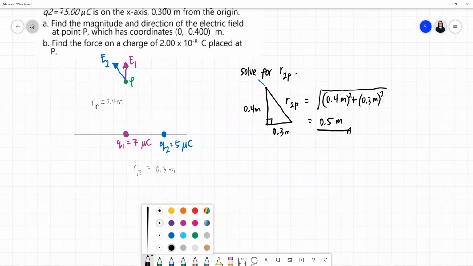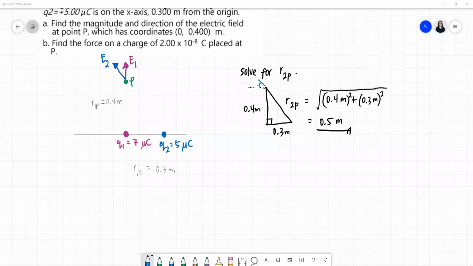If we measure it from here, this angle basically is just basically the same angle here.